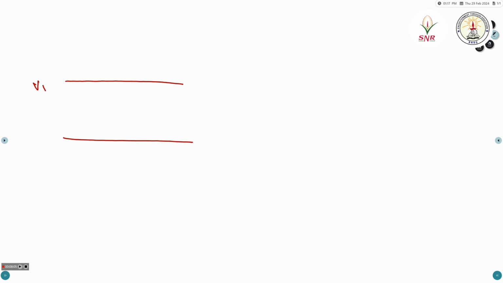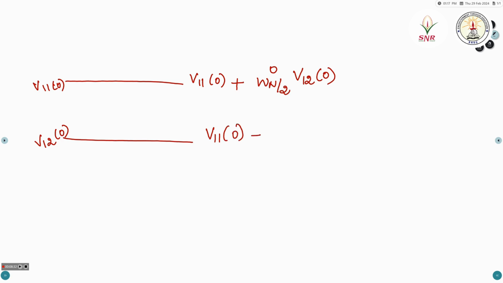For example, with inputs V11 of 0 and V12 of 0, the first output is V11 of 0 plus the twiddle factor times the second input V12 of 0, and the second output is V11 of 0 minus W n by 2 power 0 V12 of 0.